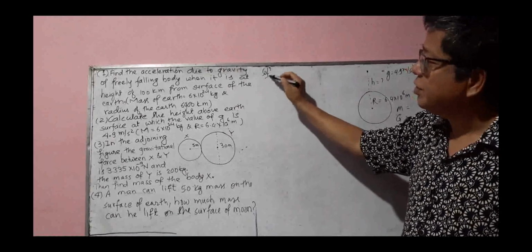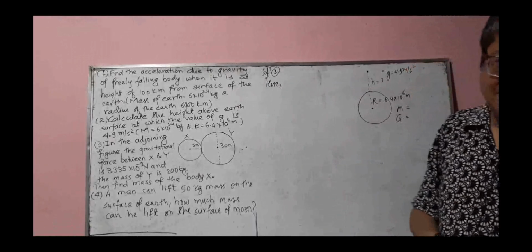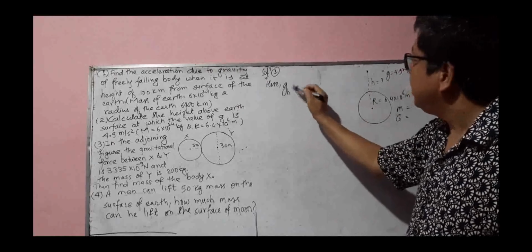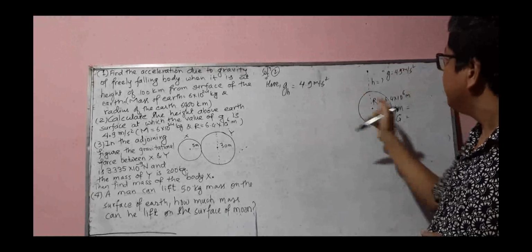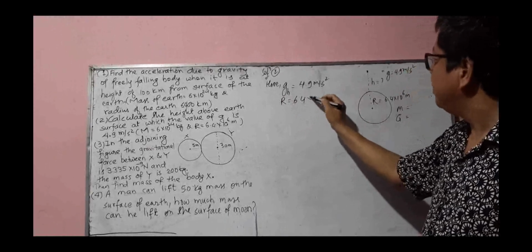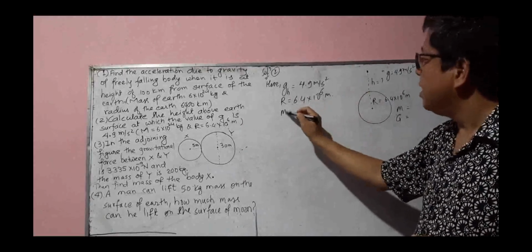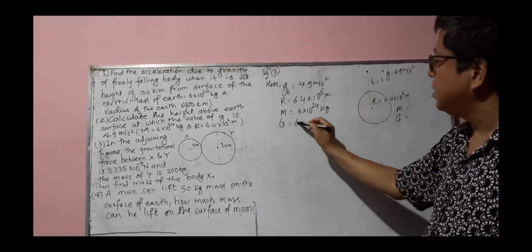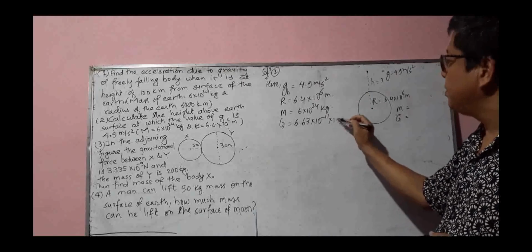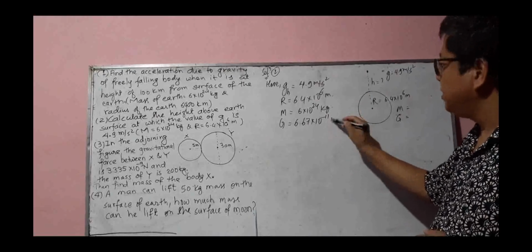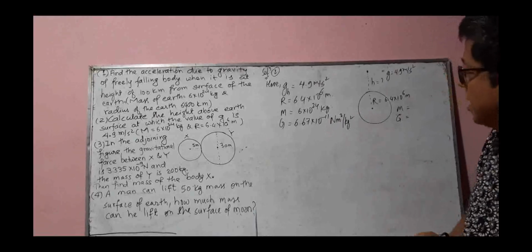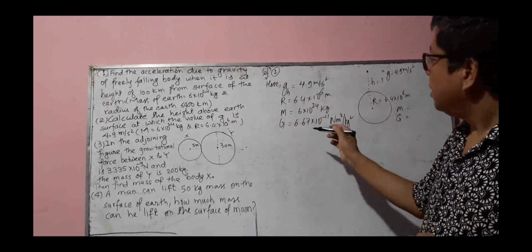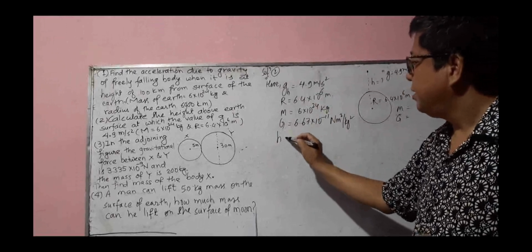Solution of 2. Here first of all we write the given information. gh is equal to 4.9 meter per second square, the radius is 6.4 into 10 to the power 6 meter, the mass is 6 into 10 to the power 24 kg, and the value of the gravitational constant is 6.67 into 10 to the power minus 11, the unit is Newton meter square per kg square, and we have to find h. h is equal to what?